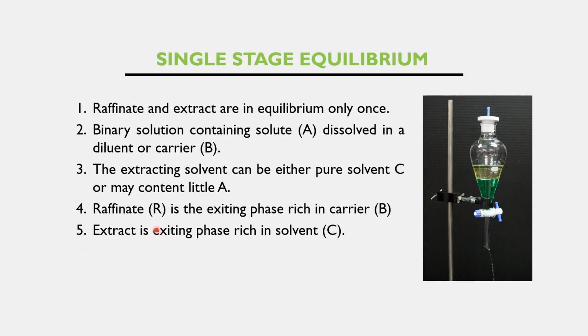The raffinate R is the exiting phase which is rich in the carrier B, while the extract is the exiting phase which is rich in the solvent C.